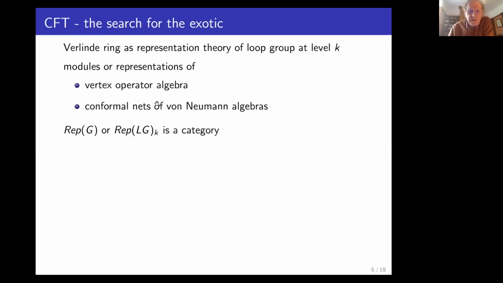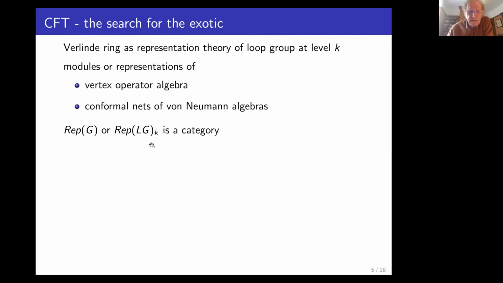So we're thinking first of all of the Verlinde ring as the representation theory of loop groups at level k, and you can think of that as modules or representations of a vertex operator algebra, or for us operator algebras in terms of conformal nets of von Neumann algebras. So in this setting, the representation theory of the loop group is a category.